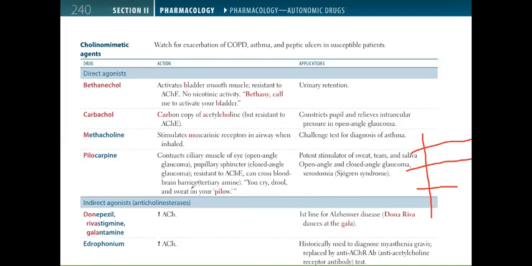Then when you study those in pharmacology, you can correlate that we also learned another drug back then, which was pilocarpine.